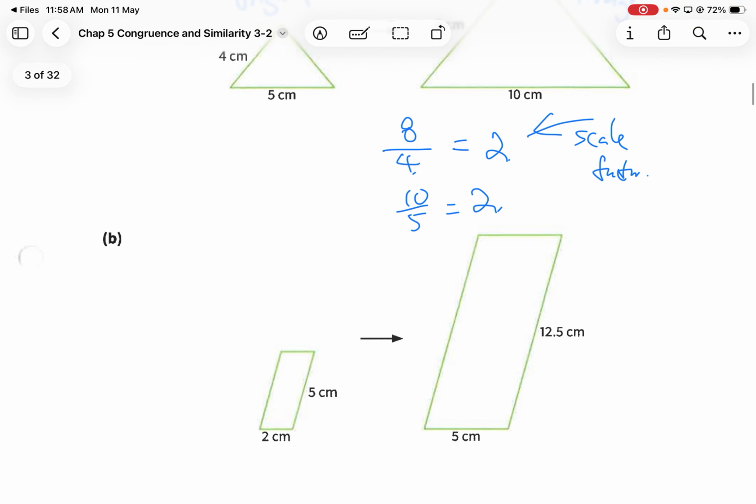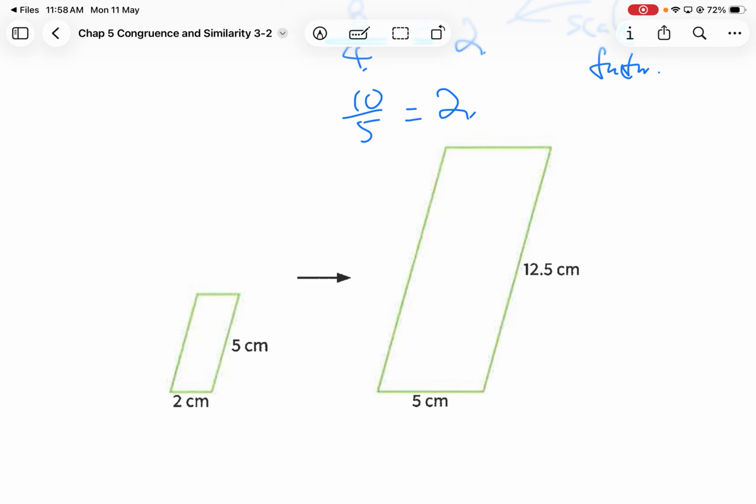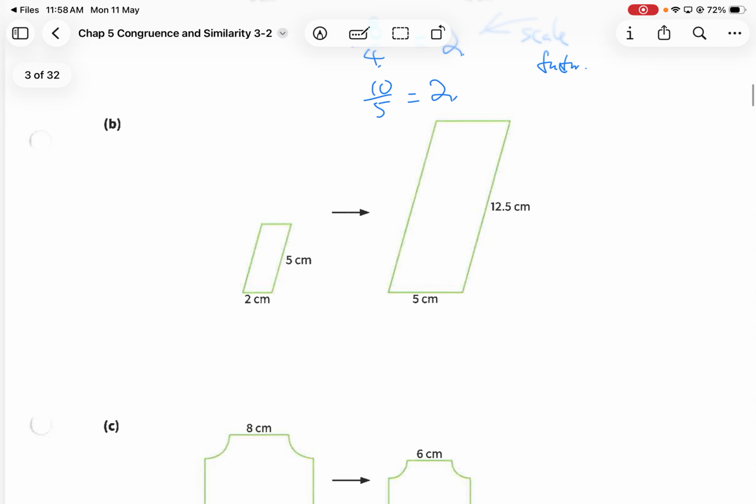Okay? So this time round, 2 corresponds to 5. This 5 corresponds to 12.5. If I want to find the scale factor, I can choose either one of them. So I can take 5 divided by 2. Then the scale factor is 2.5.